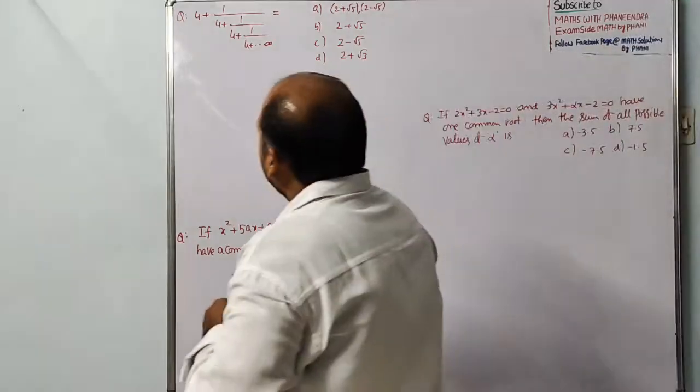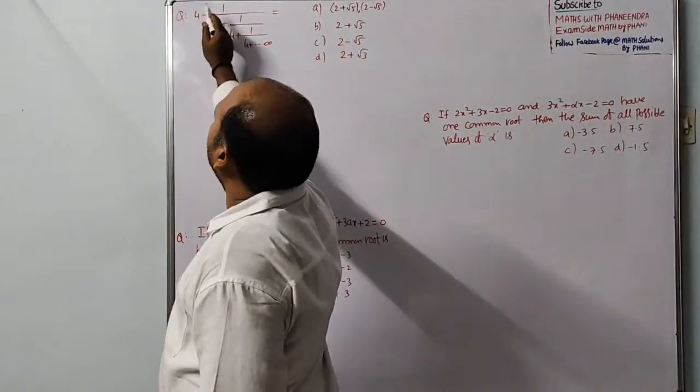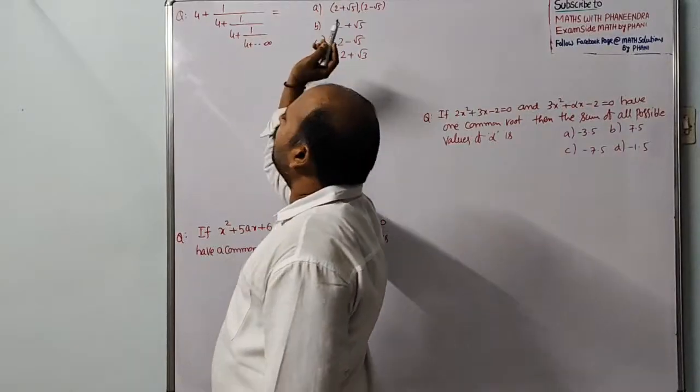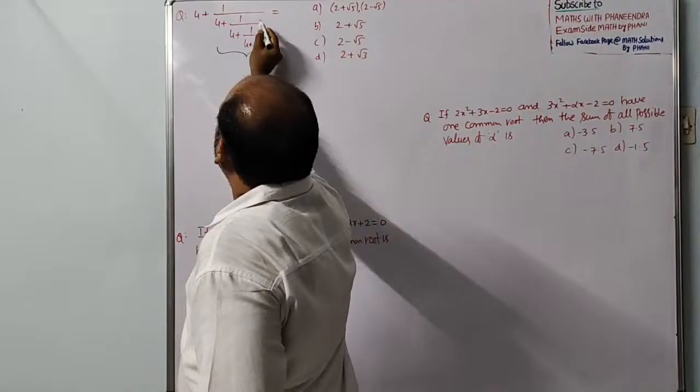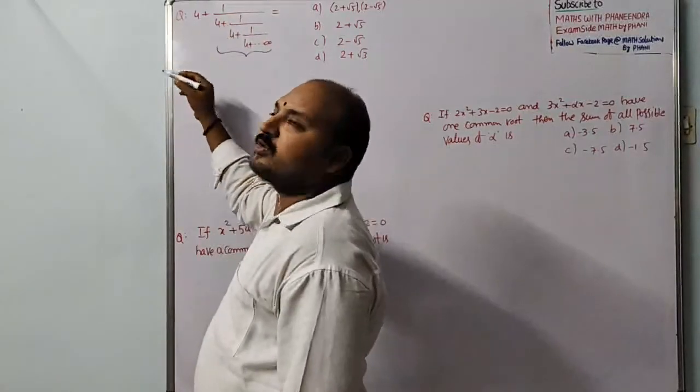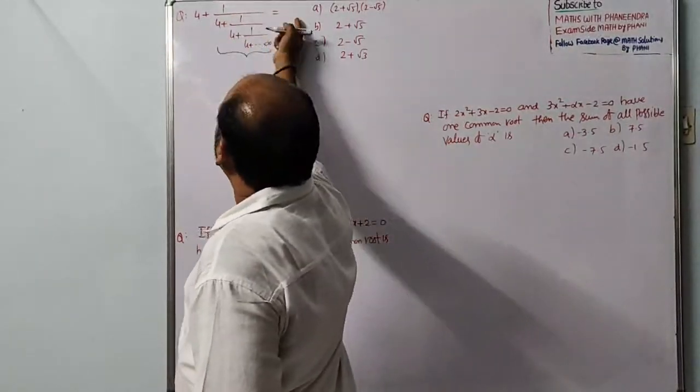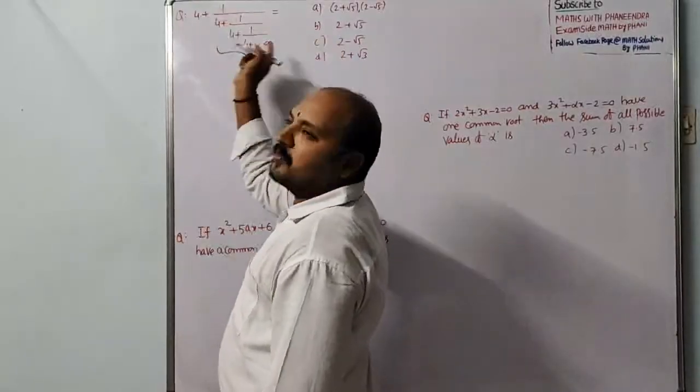To solve this type of problems, say 4 plus 1 by 4 plus 1 by 4 plus and so on. This denominator completely, this value we can assume as y. So even this is also the same, 4 plus 1 by 4 plus and so on.